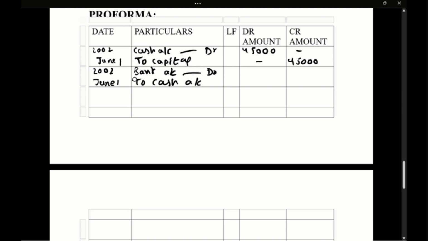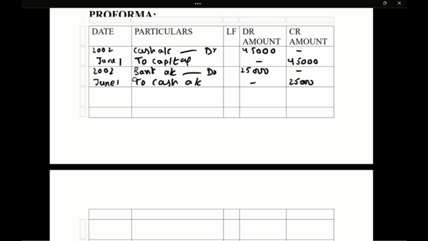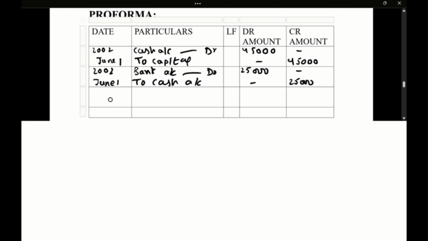Here the amount is 25,000. Here the bank is receiving.